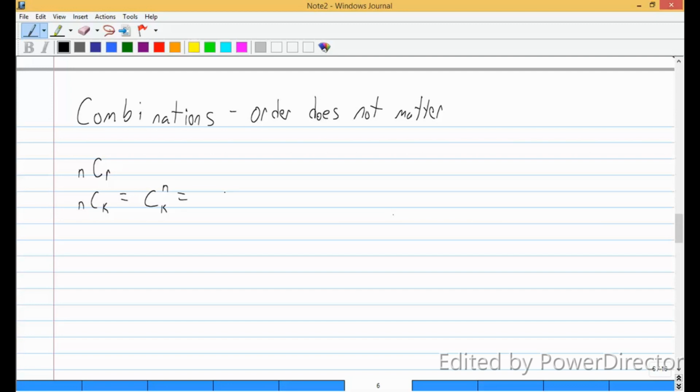But that formula is very similar to the permutations formula. It's just a little different. It's n factorial divided by n minus k factorial times k factorial. So you can see we're dividing by an extra factorial in the denominator. So combinations will always be less than permutations. I would say less than or equal to permutations.